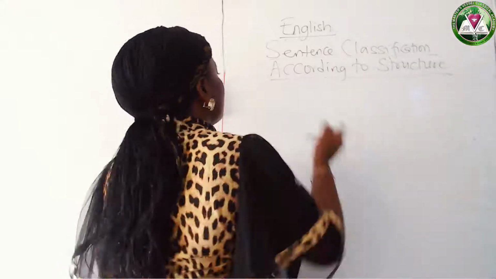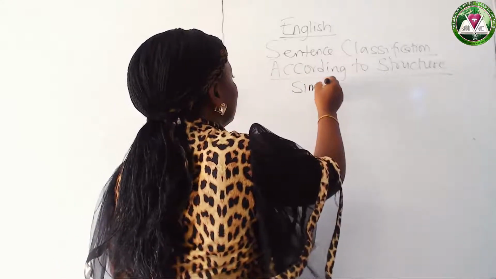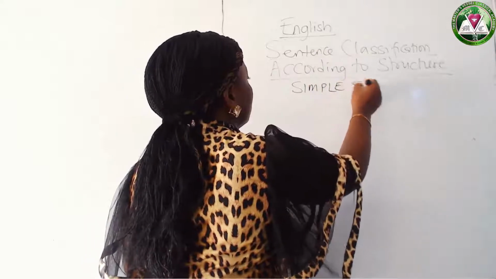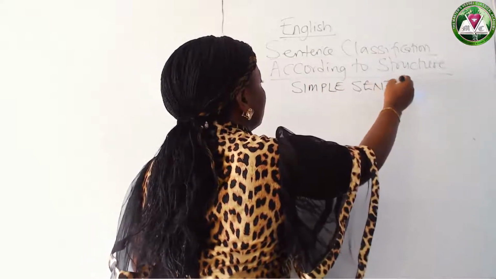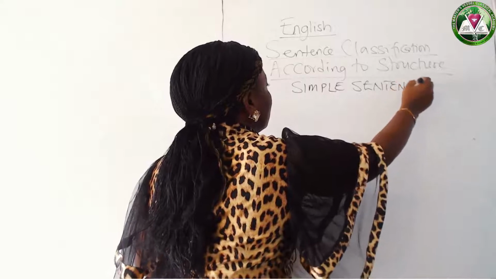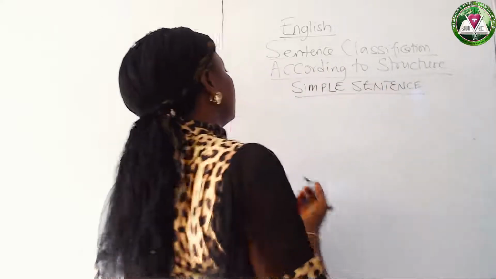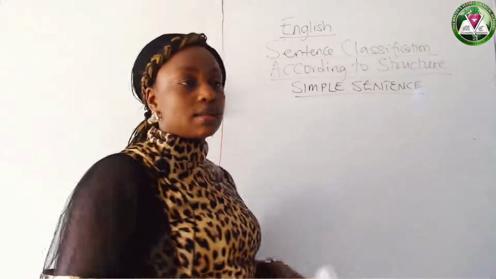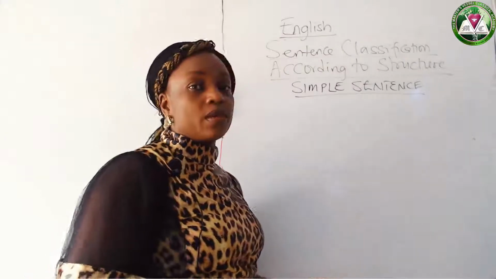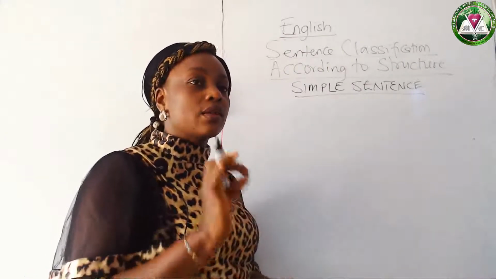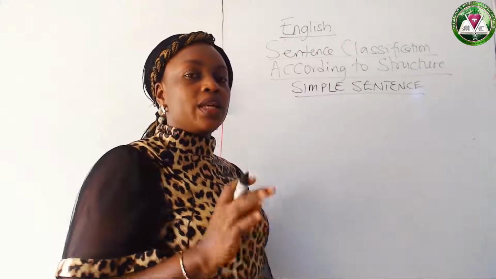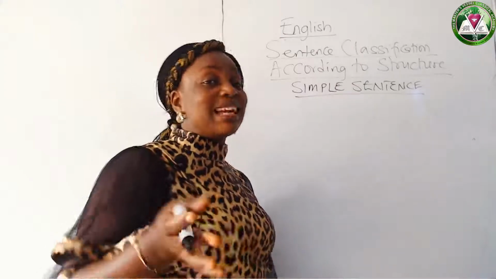What is a simple sentence then? Okay. So we say a simple sentence is a sentence with a verb or verb group that conveys a single thought. You know, in a simple sentence, we are talking about a main idea.